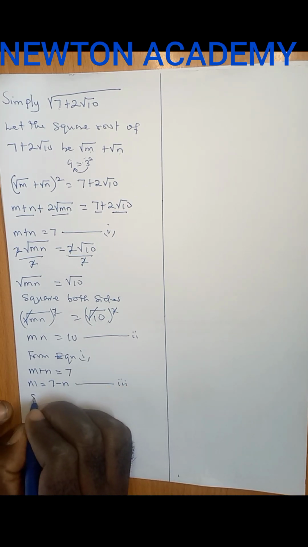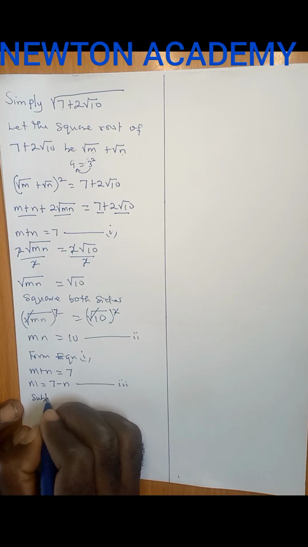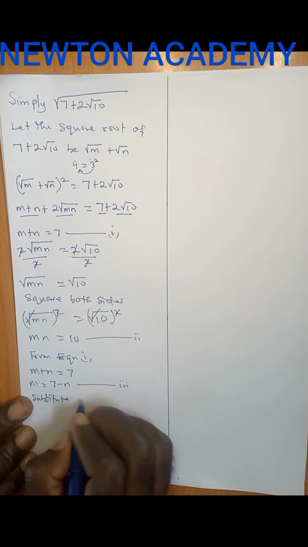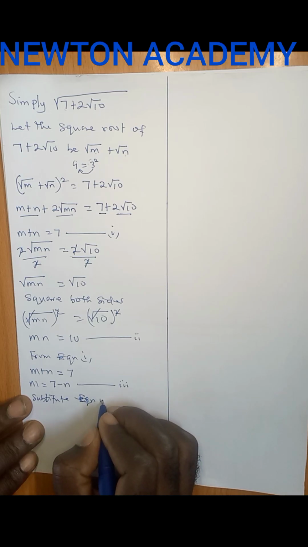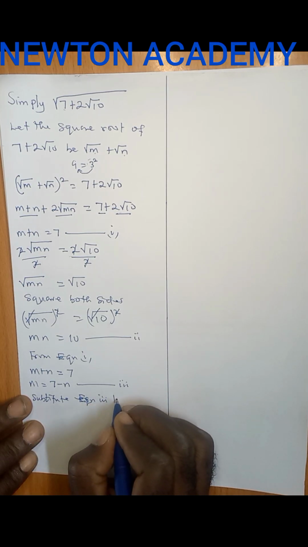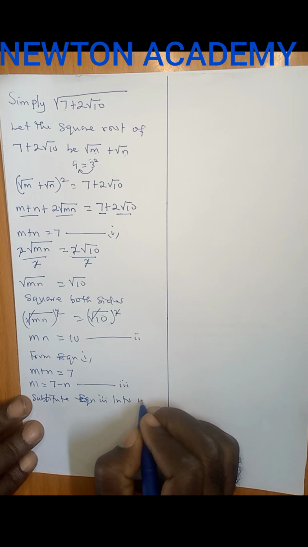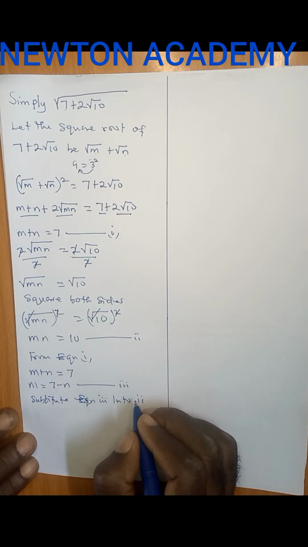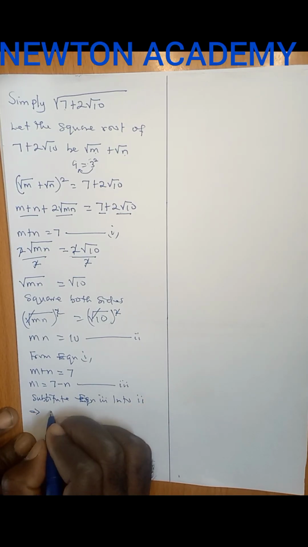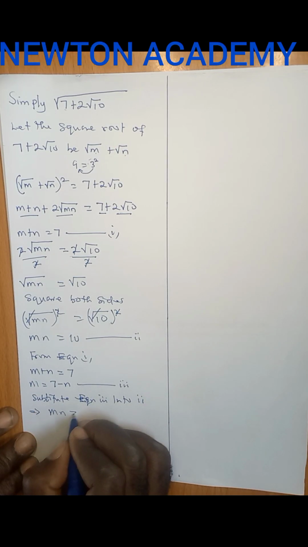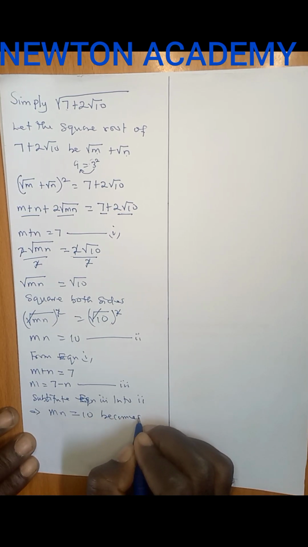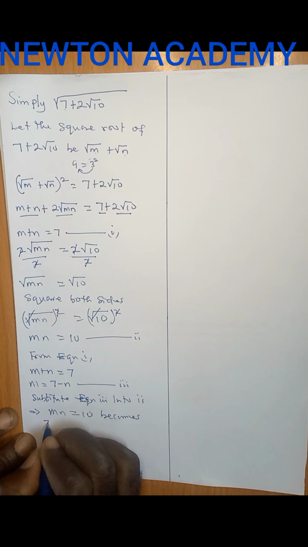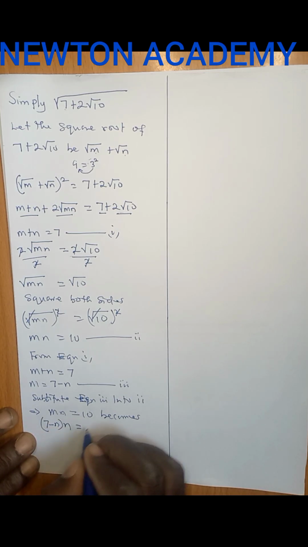Now let us substitute equation 3 into equation 2. This implies that equation 2, which is mn is equal to 10, becomes m is equal to 7 minus n, then multiplied by n is equal to 10.